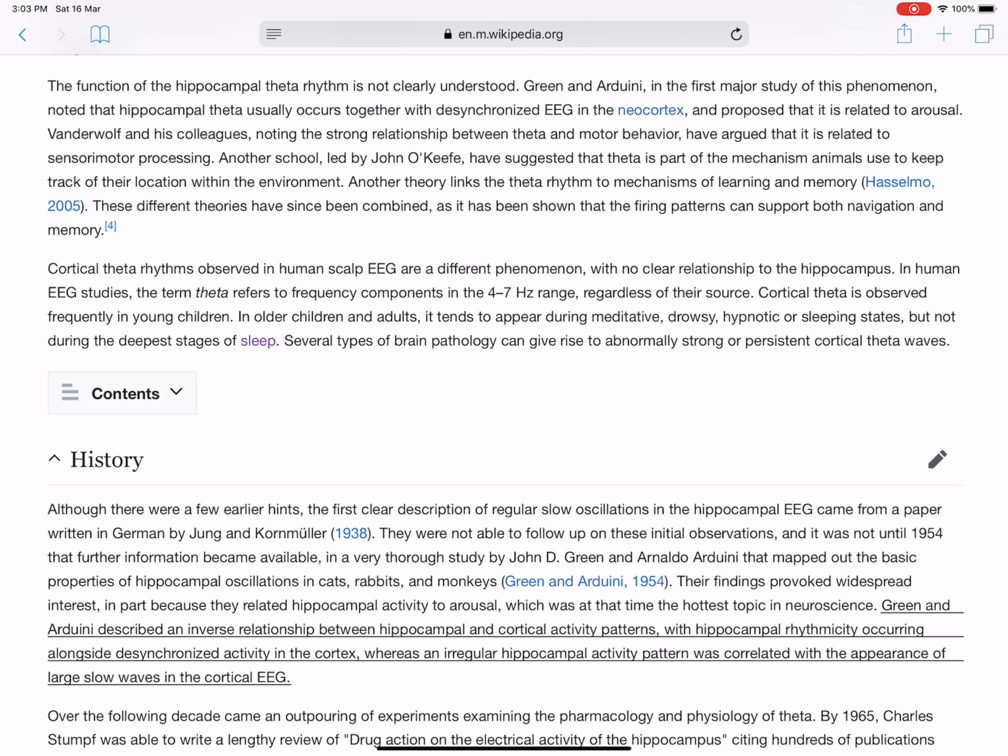By 1965, Charles Stumpf was able to write a lengthy review of drug action on the electrical activity of the hippocampus, citing hundreds of publications, Stumpf, 1965. And in 1964 John Green, who served as the leader of the field during this period, was able to write an extensive and detailed review of hippocampal electrophysiology.